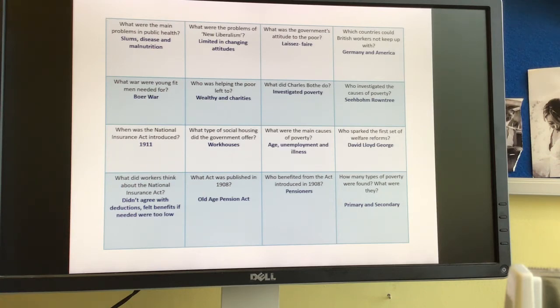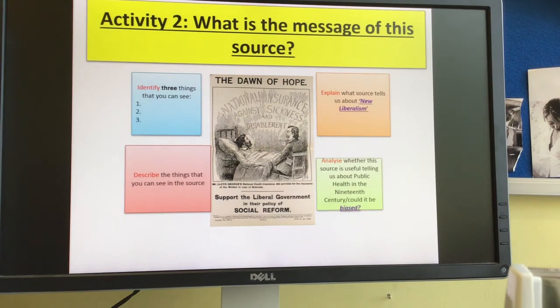So there's a lot of different groups that are looked into and supported before we get to the NHS through these liberal reforms.